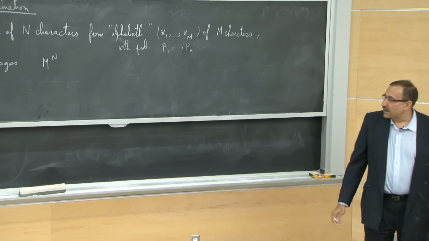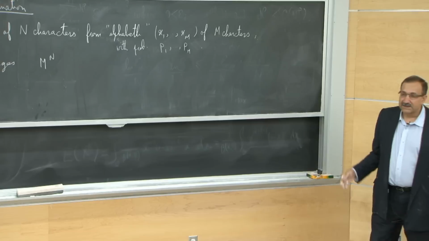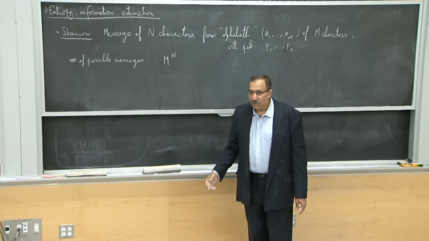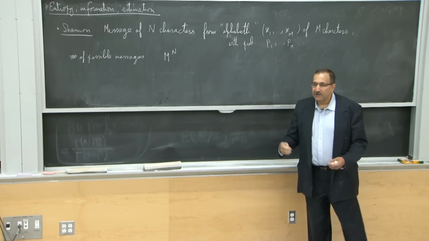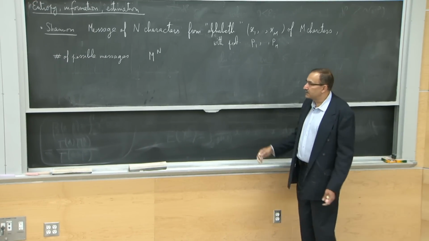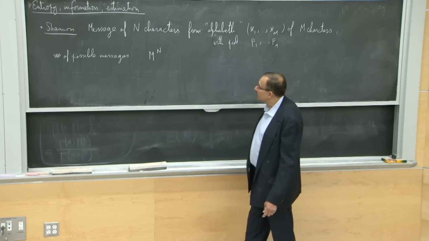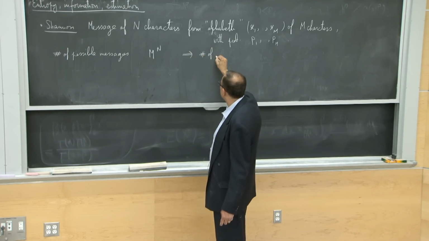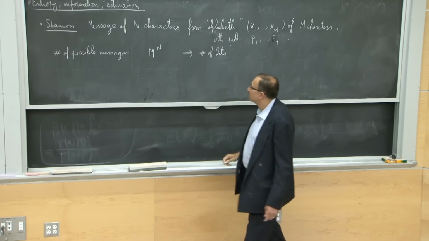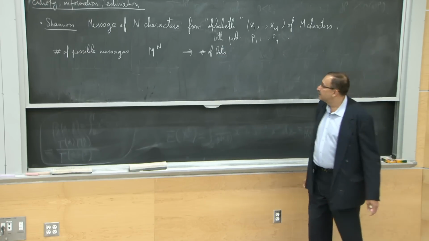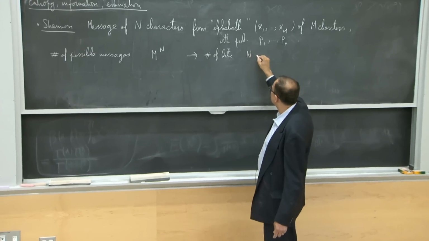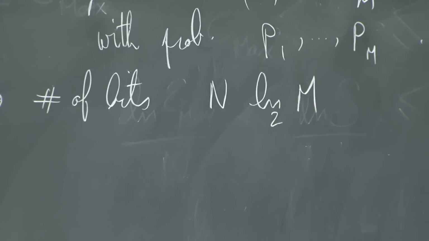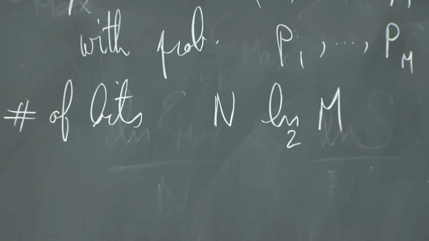Now, Shannon was concerned with sending the information about this message, let's say, over a line where you have converted it to a binary code. And then you would say that the number of bits that would correspond to m to the n is n log base 2 of m.